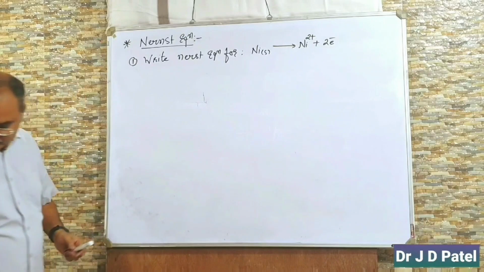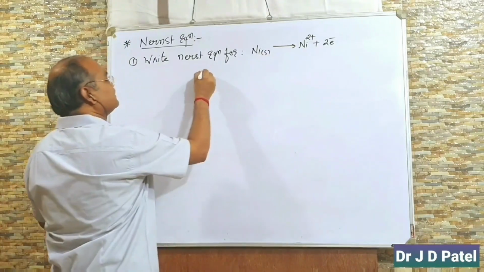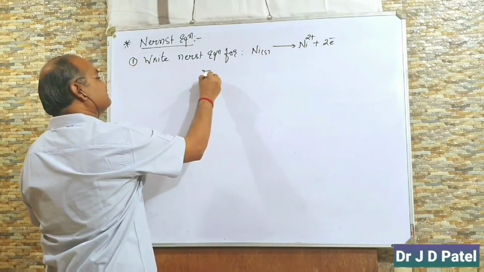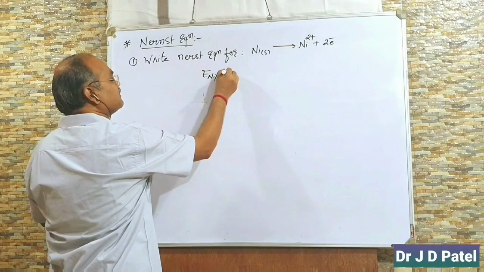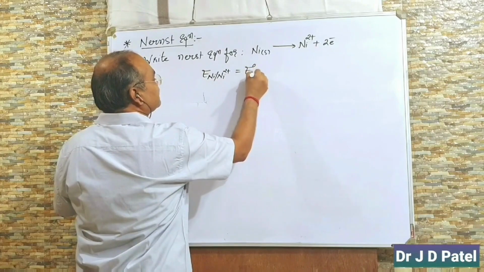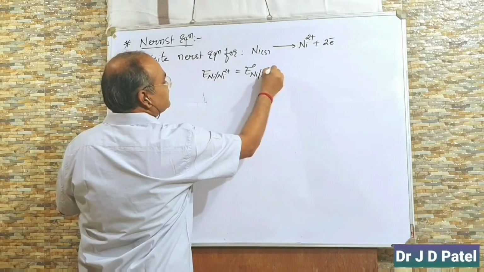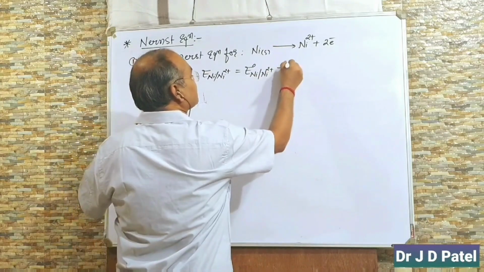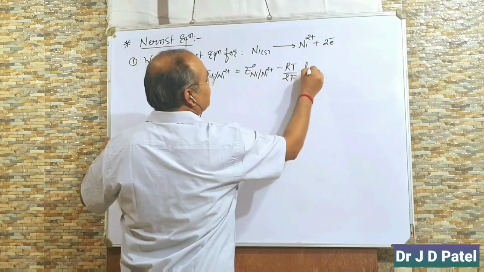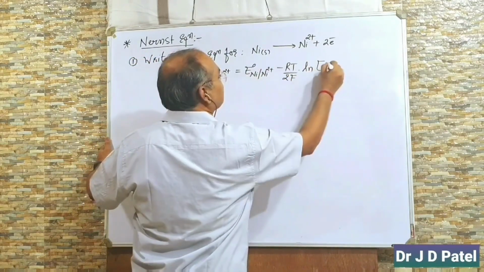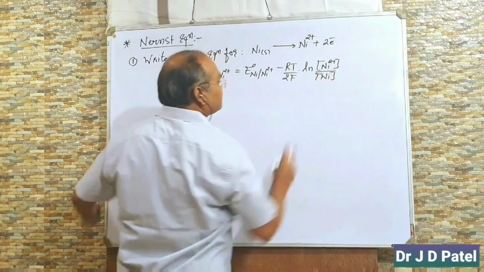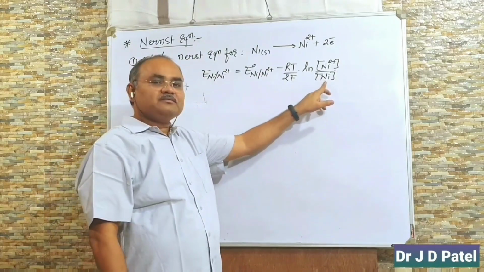For this, the Nernst equation is E cell. What is the cell? Ni gives Ni2 plus this time. This is oxidation. It is equal to E0 of Ni oblique Ni2 plus minus RT by the number of electrons transferred, 2F, into ln of Ni2 plus oblique Ni. And this Ni is solid, and for solid the concentration is unity.